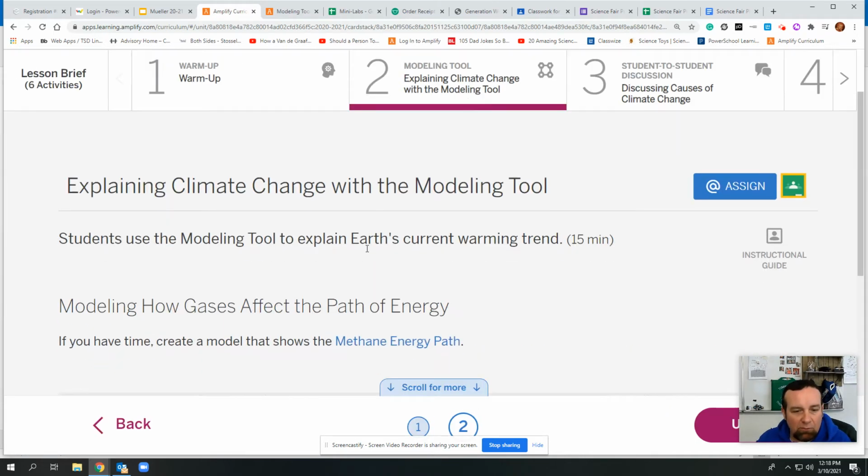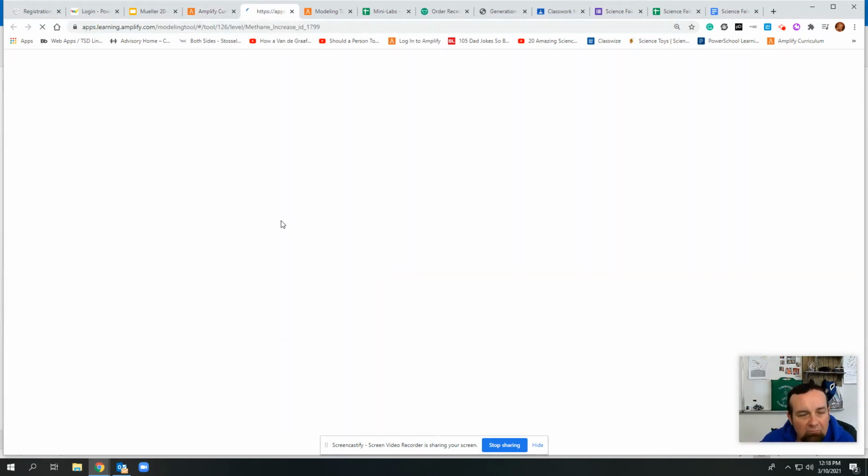All right, let's go to our methane modeling tool. We're going to do the same exact thing, but instead of for carbon dioxide, we're going to be doing it with methane. Eventually.